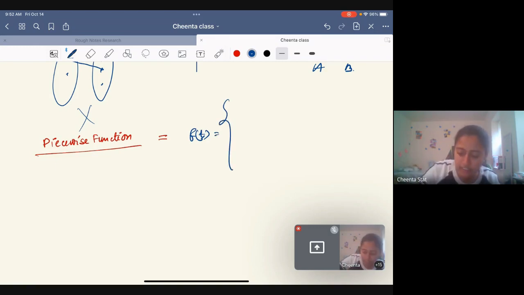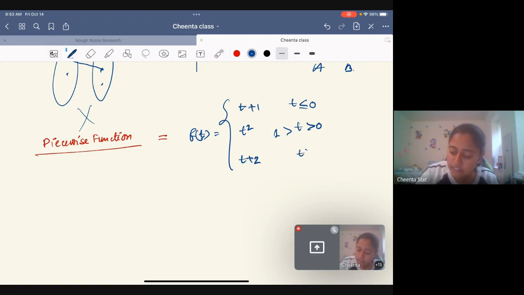It is nothing except things like t plus 1 when t is less than or equal to 0, t square when t is greater than 0 and less than 1, and t plus 2 when t is greater than or equal to 1. Something like that. I have defined a random function.